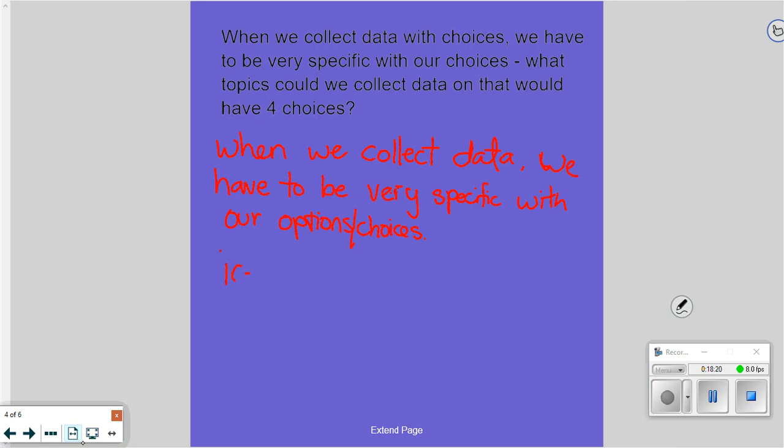Okay, we could have ice cream flavor. And we would give people 4 options. What could be some options that we would give people? Mackenzie? Vanilla. Huxley?